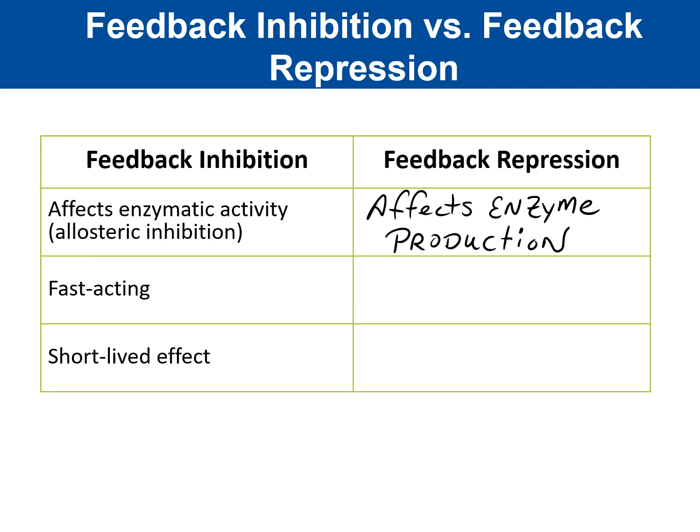So if you shut down enzyme production, then the enzymes essentially start to go away. And because feedback repression works by shutting down or affecting enzyme production, this is going to have a slow acting type of way in which it works. All right, slower acting. And because of that, it's going to have longer term effects as well.